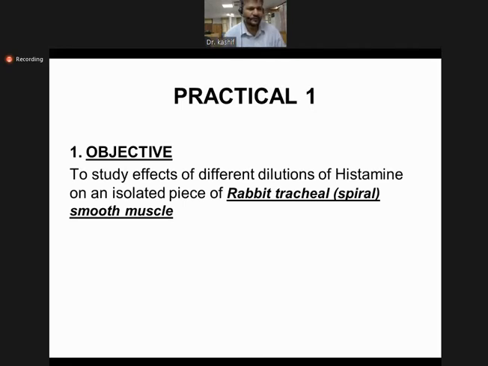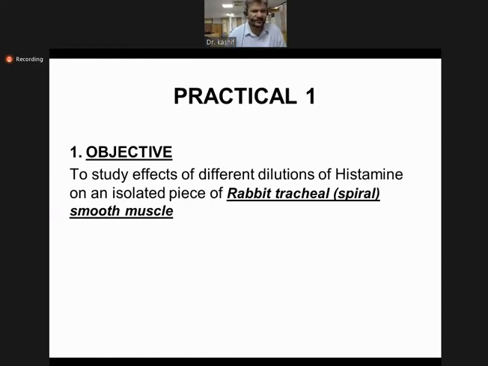Okay, so we start with practical one. In practical one, the objective of the study is to study the effect of different dilutions of histamine. We use different dilutions of histamine, in milligram per ml, so 1 milligram and less than this.